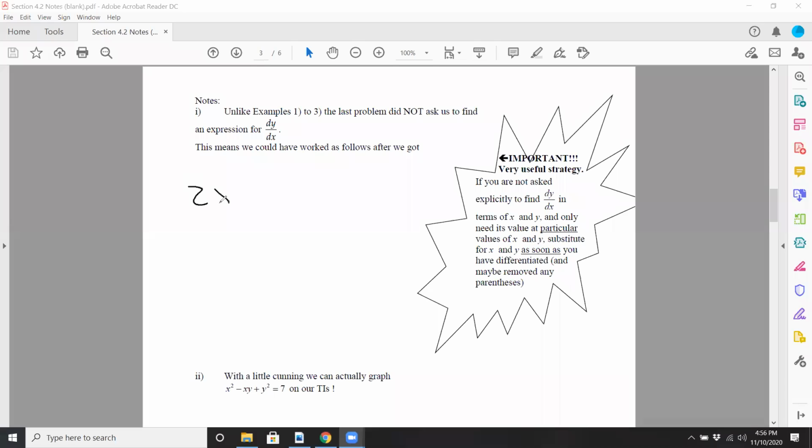We had 2x minus, and then in brackets we had y plus x times dy dx, plus 2y times dy dx equals 0. This was from example 4. Remember, that was one of our steps we just had.